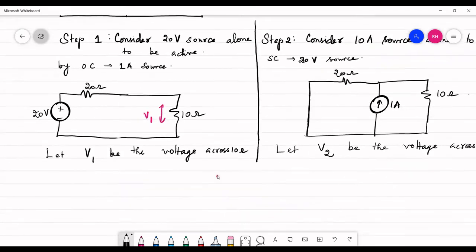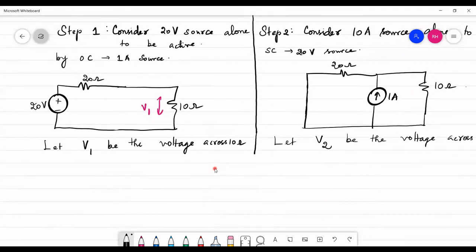So here I'm not going to use any law or theorem. Instead, I'm going to use the voltage division rule and current division rule in order to find the value of voltage. Okay. So before I go to apply voltage division rule, let me assign the polarity. So here, okay, so let me consider this to be the direction of current, because here I have only one source. Current is going to originate from the positive terminal.